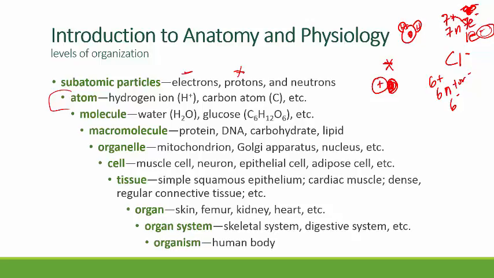So H2, because there's 2 hydrogen atoms, and a single O make water. Glucose is a carbohydrate that is composed of 6 carbons, 12 hydrogens, and 6 oxygens. So glucose is C6H12O6. That would be a good one for you to kind of poke in your head. I'm not going to test you over that, but just as a frame of reference, always knowing what glucose is, C6H12O6, is kind of useful.